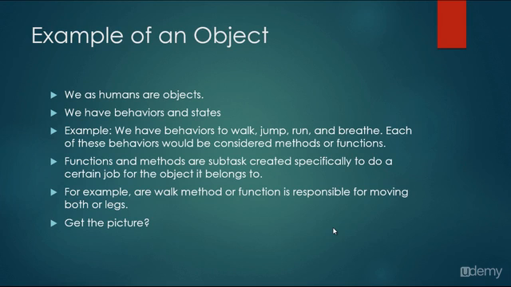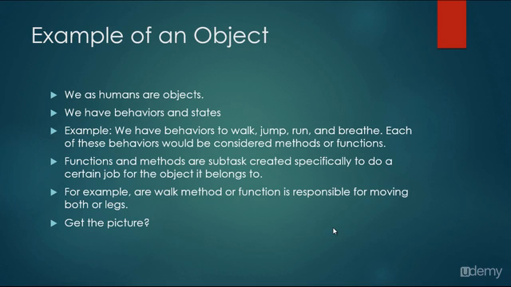Those are all behaviors. We can walk, which is a behavior. We can run, that's another behavior. We can climb, that's a behavior. We can lift weights and work out, exercise. Those are all behaviors of what we can do. And we also have states. We can sleep. We can be angry. We can be happy. We can be sad, and those are all states too of humans.